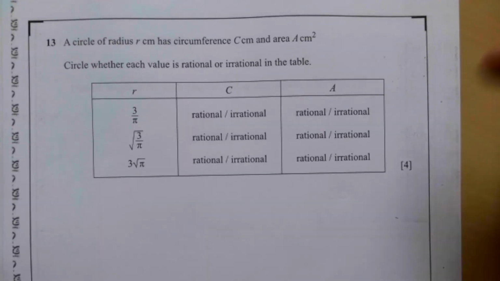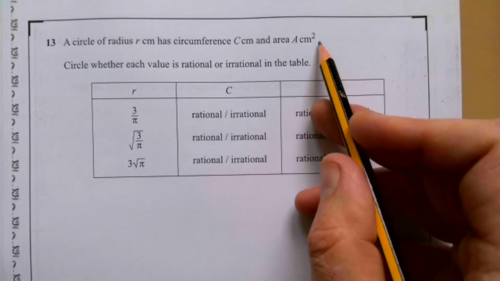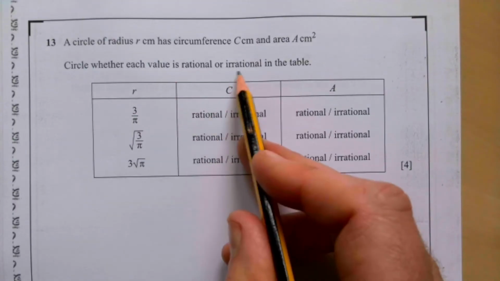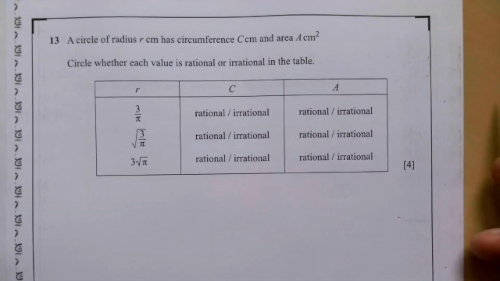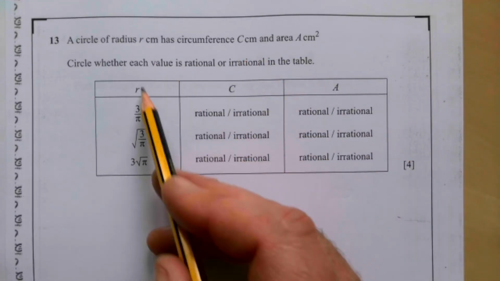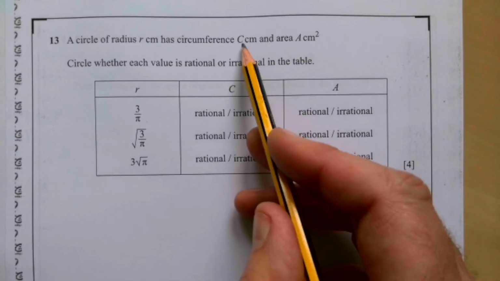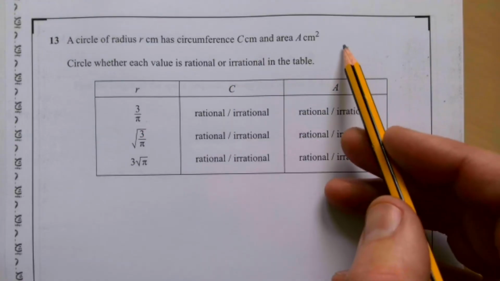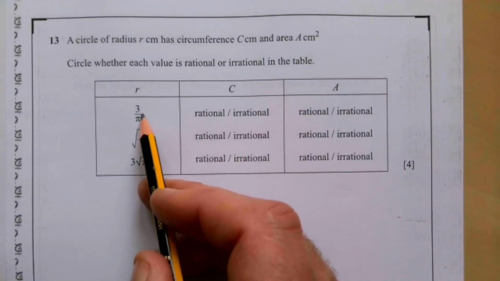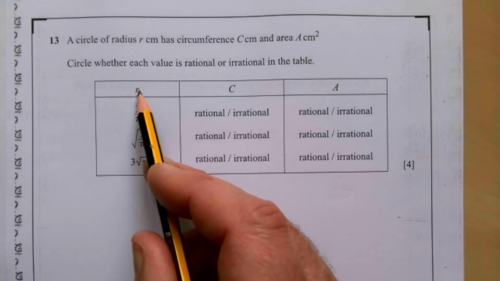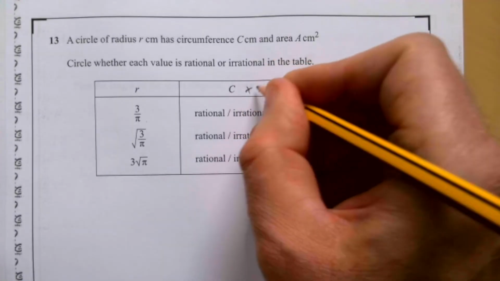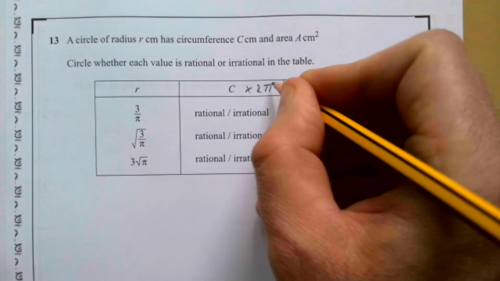A circle of radius r has circumference c and area a. Circle whether each value is rational or irrational in the table. Okay, so in this case, whenever you go from the radius to the circumference, you're going to be multiplying by 2 pi, because it's 2 pi r.